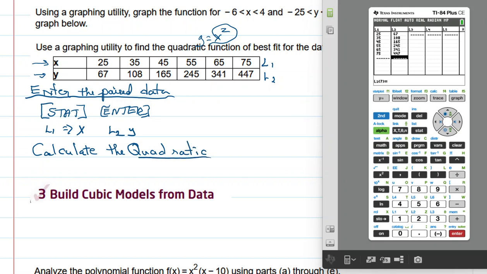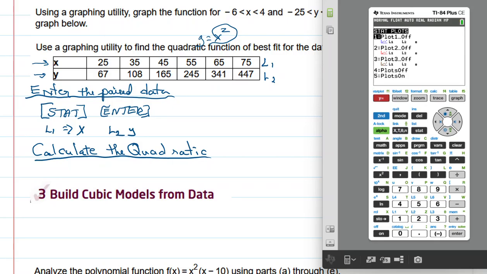But we want to see that it's a quadratic before we calculate. So we're going to go to second y equals, and we're going to turn on our plots. We're going to notice that line 1, the first one should say line 1, line 2, and it's plots. Line 1, line 2, because that's the one we're using.